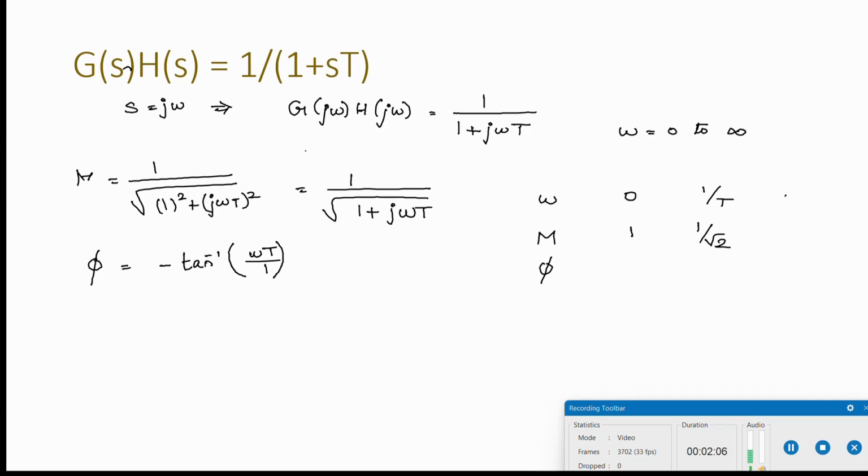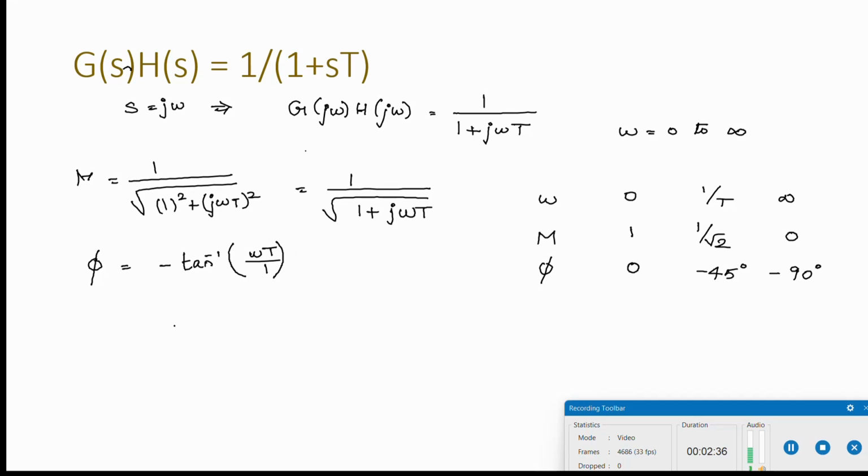If omega is equal to infinity, M will be 0. Substituting these omega values, for omega equal to 0 the phase will be 0, for omega equal to 1 by T the phase will be minus 45 degrees, and for infinity it will be minus 90 degrees. So this is the table I get from these two equations.